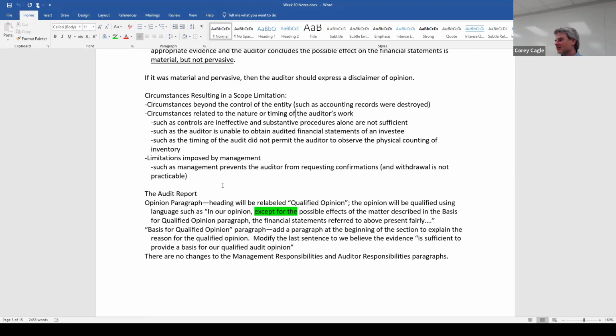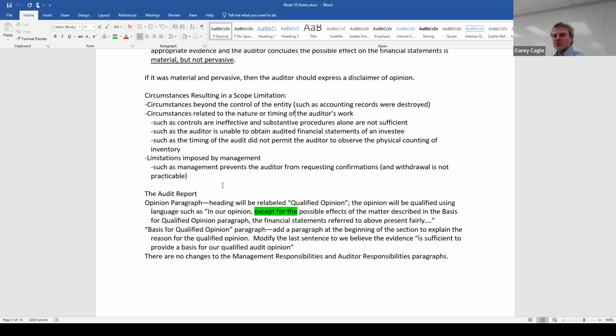And that last sentence in the unmodified opinion that says, we believe that the audit evidence we have obtained is sufficient and appropriate to provide a basis for our audit opinion, we would modify that slightly to say it's sufficient to provide a basis for our qualified audit opinion. It's just minor tweaking of the wording. No change to the other sections.